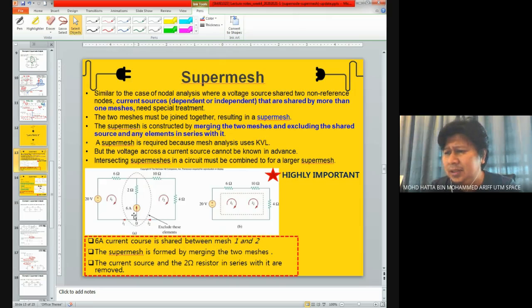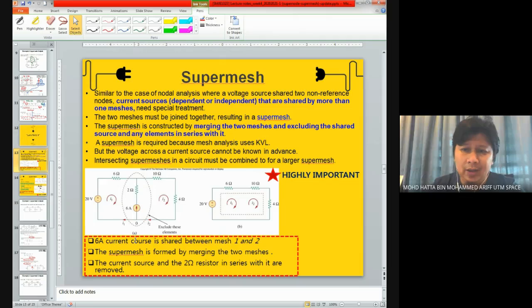In this case, it is an independent current source in between two meshes. All right. Also, you need to merge the meshes to become one mesh over here.